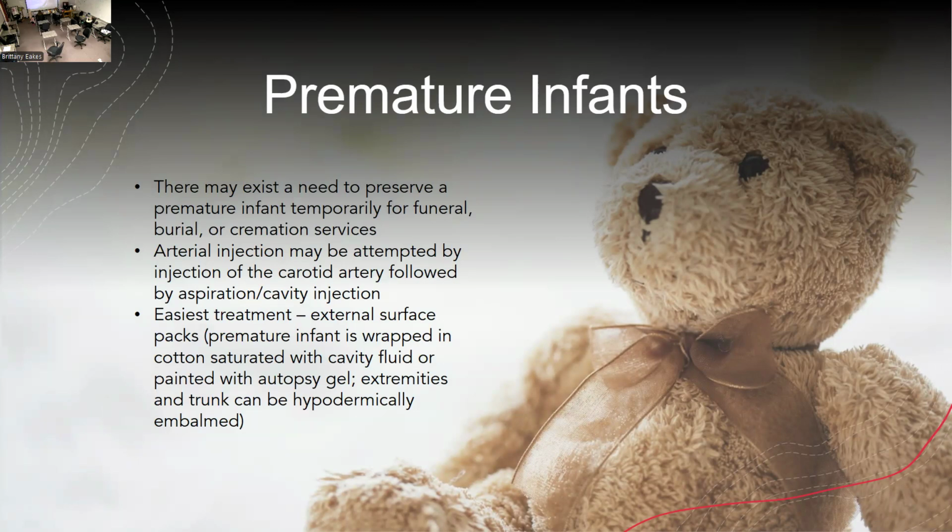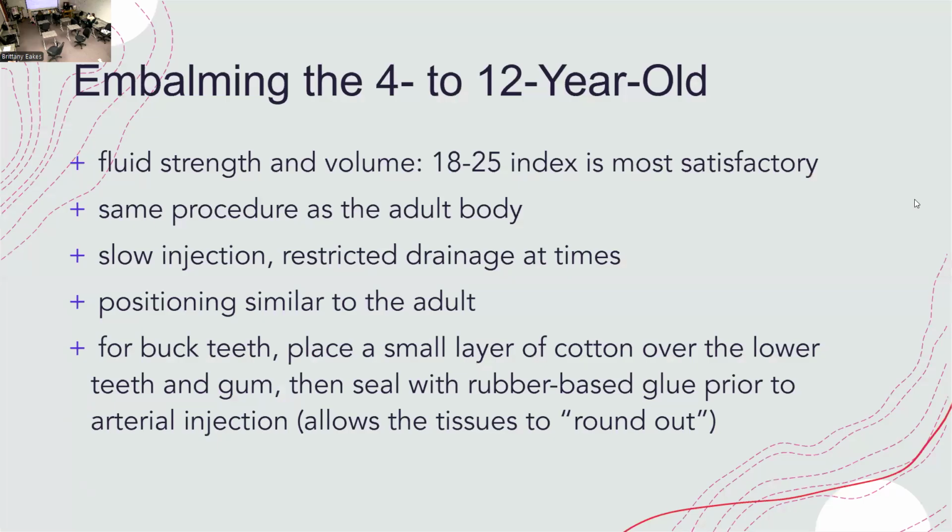As we learned at the latest MFA conference, I think Kevin brought up, people more commonly want more time between the time of death and the funeral, and with it you have to take extra care. So for the premature baby, arterial injection can be attempted, but typically it's going to be surface treatments.